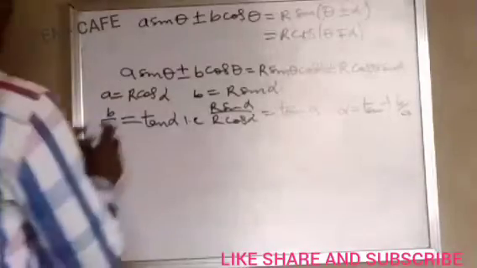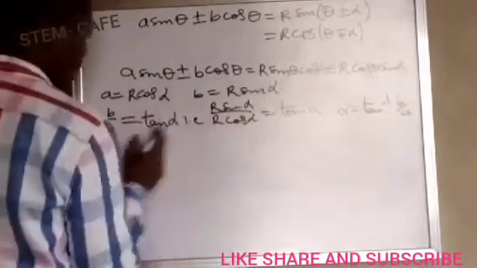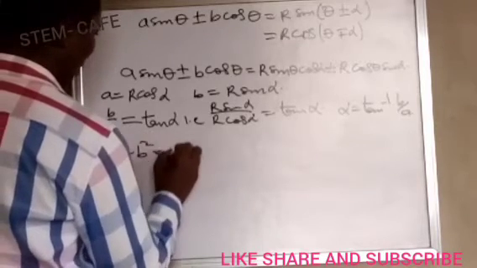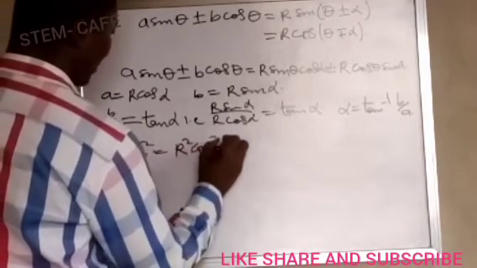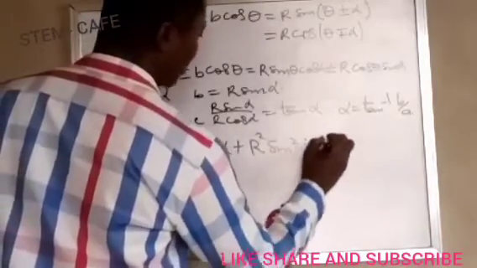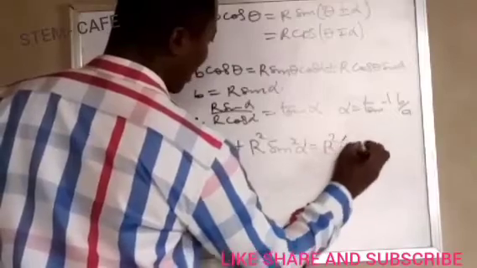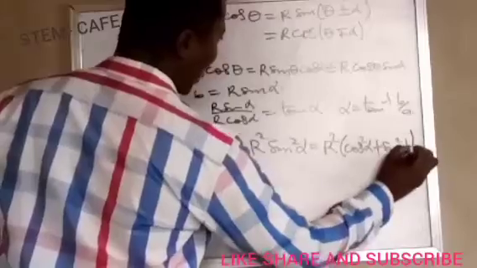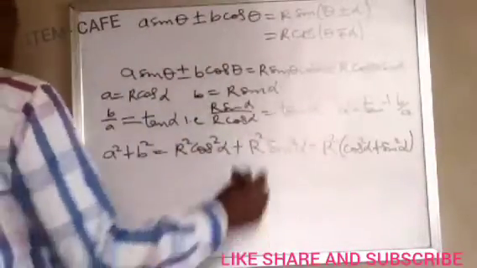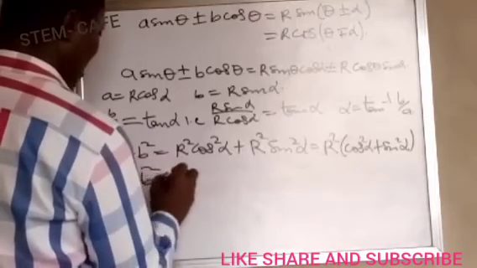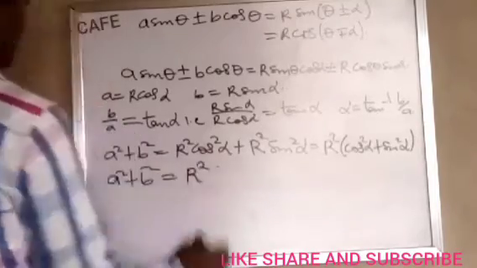Now I have a equals r cos alpha, b equals r sin alpha. So a square plus b square is equal to r square cos square alpha plus r square sin square alpha, which is equal to r square into cos square alpha plus sin square alpha. And cos square alpha plus sin square alpha is equal to 1. So a square plus b square is equal to r square.